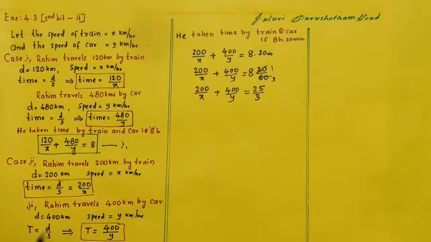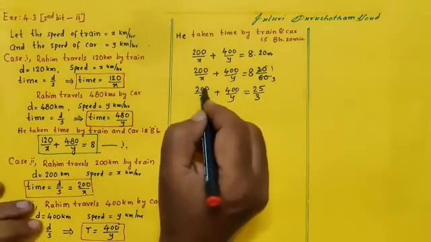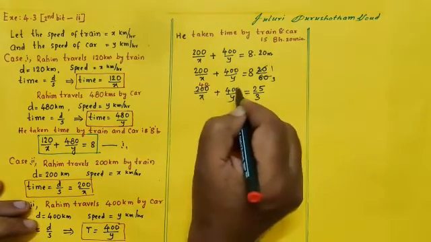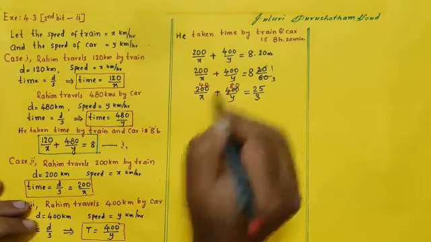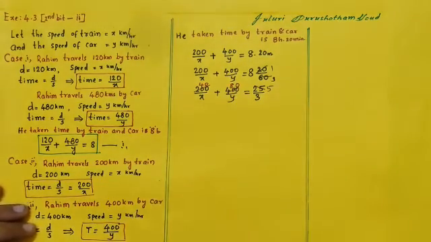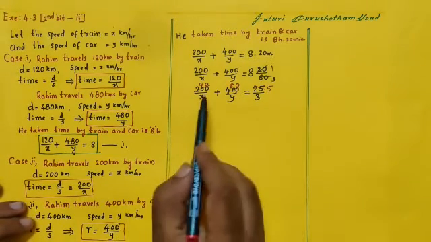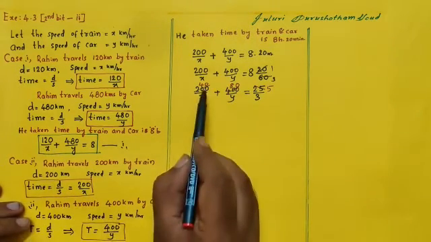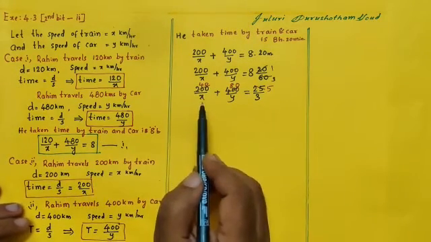If we multiply by the 5 table, 5 8s are 40, 5 5s are 25. But if we go through the elimination method, we need either the x coefficients to be the same or the y coefficients to be the same. Here 120 is there, here 40 is there. How to convert 40 to 120?